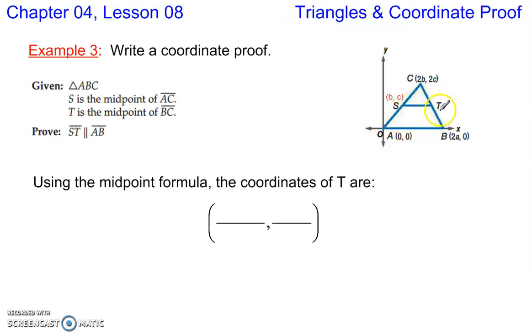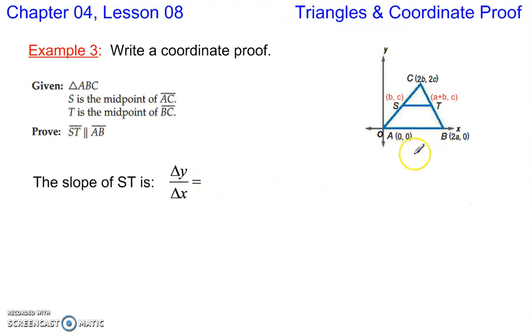So we're going to go through and do the same thing for T. Now T is 2a plus 2b over 2, and then 0 plus 2c over 2. So my first coordinate is a plus b, and the second one is c. Now this is going to take a little bit more of a stretch. We are going to now use the slope of this line, ST, the slope, remember, the change in y over the change in x.